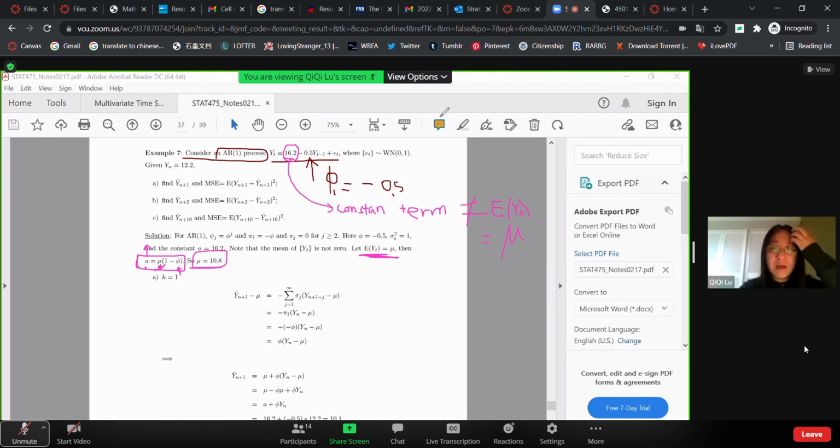And for AR1, what do we know? So we know almost everything for AR1. For AR1, we know psi j is phi to the power j. And we know pi 1 equals negative phi and pi j equals 0 for all j larger than or equal to 2. Okay, so this one was given before, right? So how do you know this too?